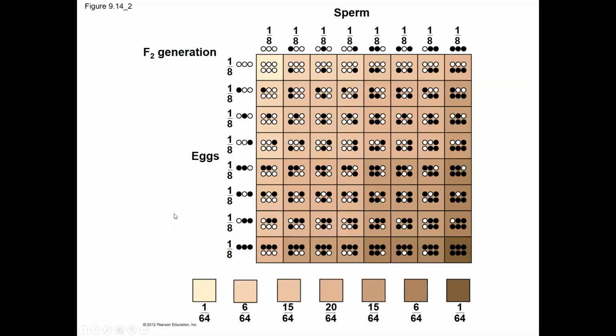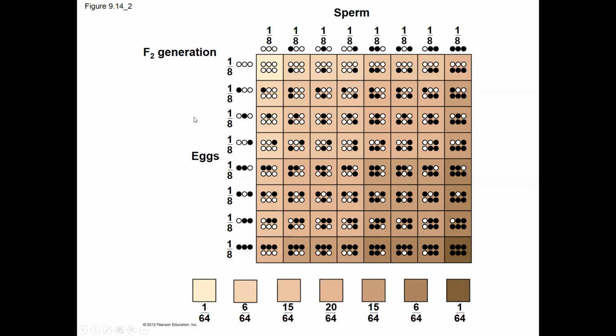Now, if you cross two heterozygous individuals, which occurs all the time, you can produce a very complicated cross, because it's not a dihybrid, it's, I guess the word would be a trihybrid cross, where you're crossing three different traits.